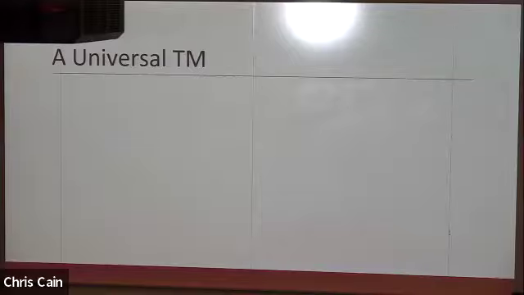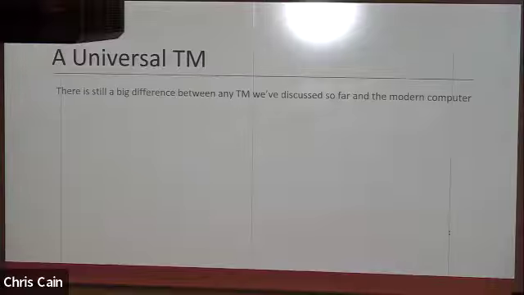Generically, the CPU on a computer is able to take in a generic program, whereas a Turing machine has to be designed as a program. There's one program per machine, instead of a machine that can read an arbitrary program and execute its instructions. So we need some way to simulate that on a Turing machine.